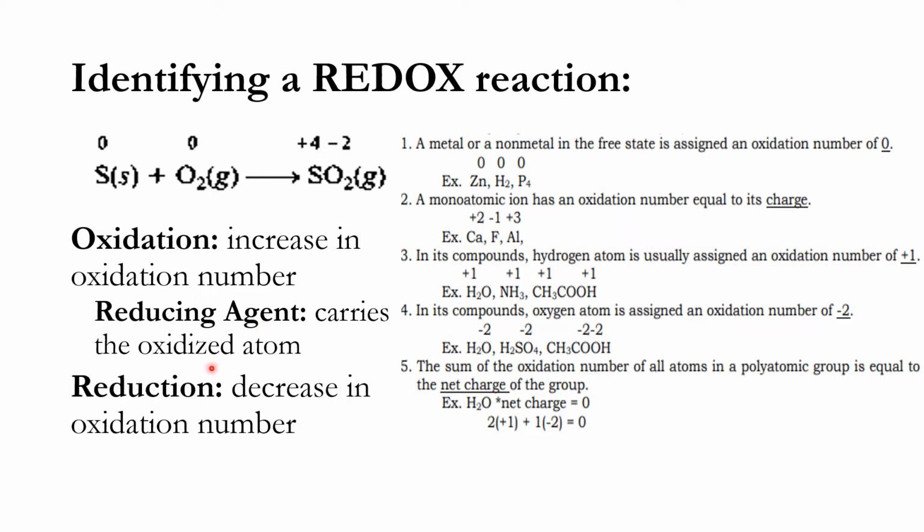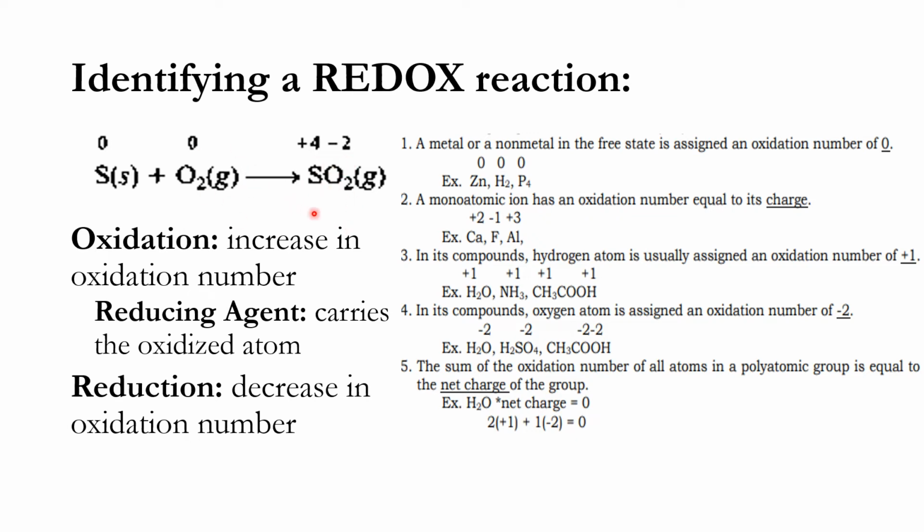Reduction is underwent by an atom that decreased in oxidation number. Since we only have two atoms here, oxygen is the one that decreased in oxidation number. In the left, we have 0. After the reaction, it went down to -2. So that means there is a decrease in oxidation number.